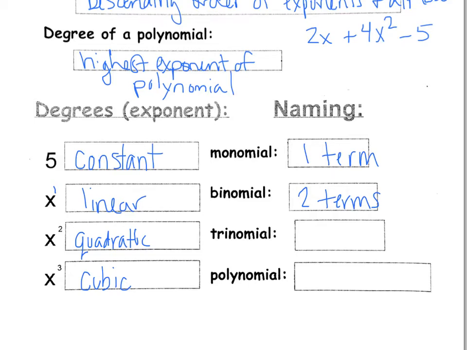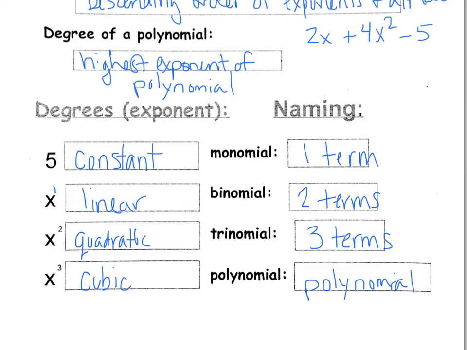So an expression with 3 terms would be a trinomial. And finally, anything above 3 terms we just call a polynomial. There is no special name, so anything above 3 terms is just called a polynomial.